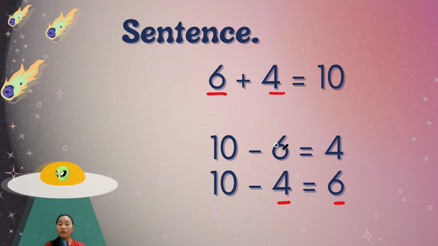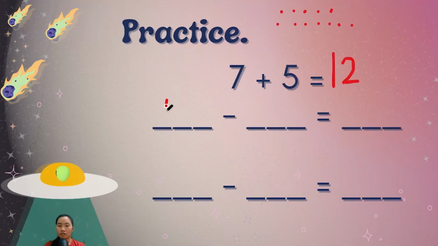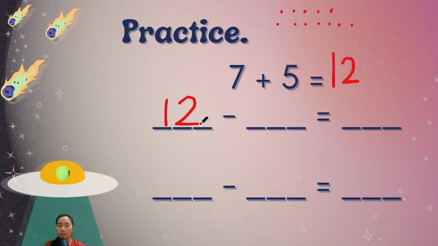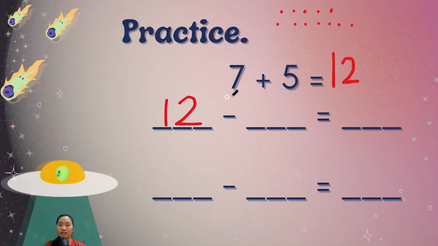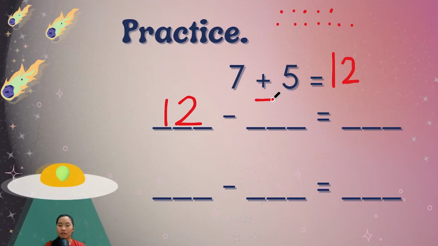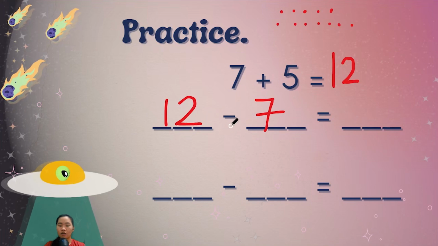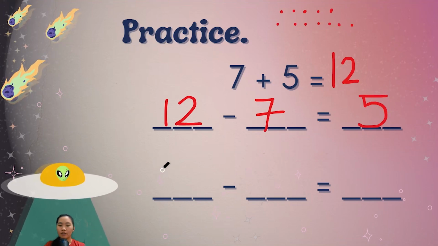Let's go with the first addend. Sum minus the first addend. What is the first addend? It is 7. 12 minus 7 equals 5, the second addend. We have the last one. It's very easy. Sum.